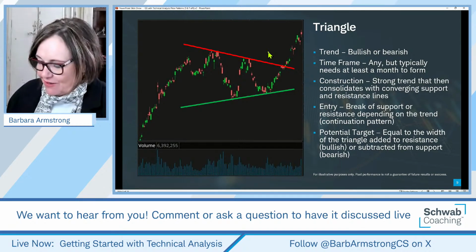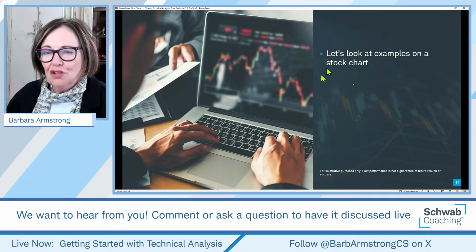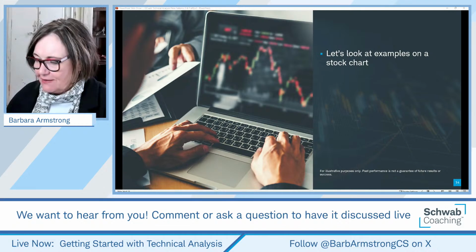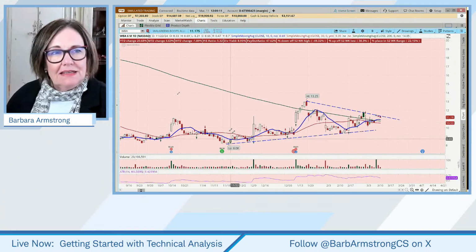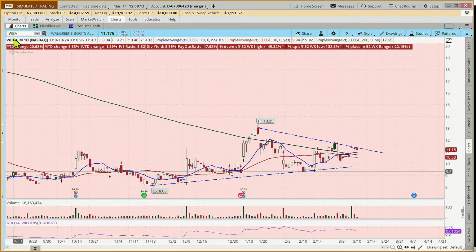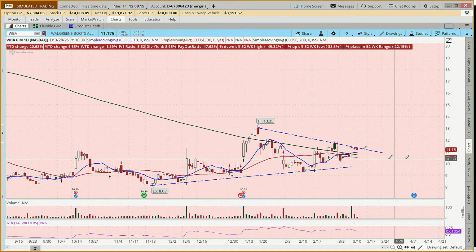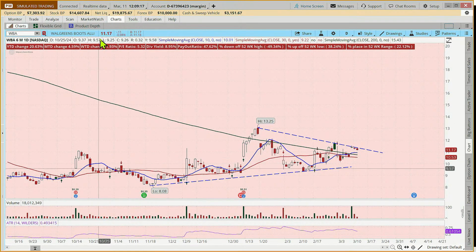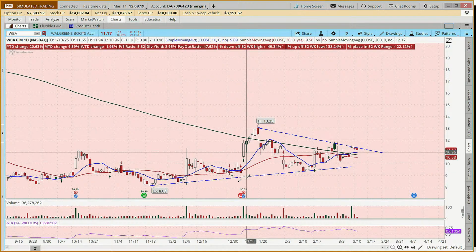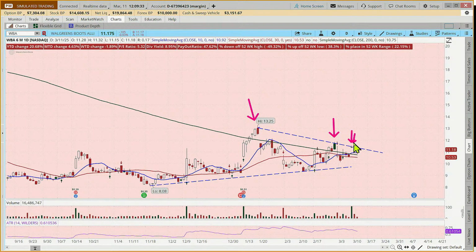So let's go out and look at some examples on the charts. Here's one on Walgreens Boots Alliance. Now, this is an inexpensive stock. It's currently trading at $11, but what we're seeing here is a high and then a lower high. And then it just can't get the message.